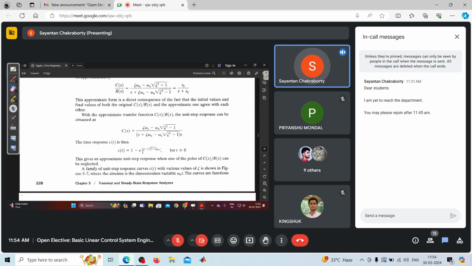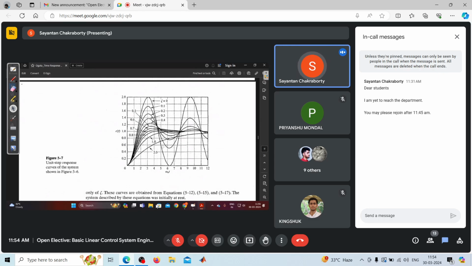So that will dominate the response, and the pole which is far away on the real axis from the origin, the effect of that pole will settle down much more quickly. So the transient response will be dominated by the pole which is near the origin. That is why it is called a dominant pole. And the overdamped response can be approximated by the dominant pole, which is given by this.